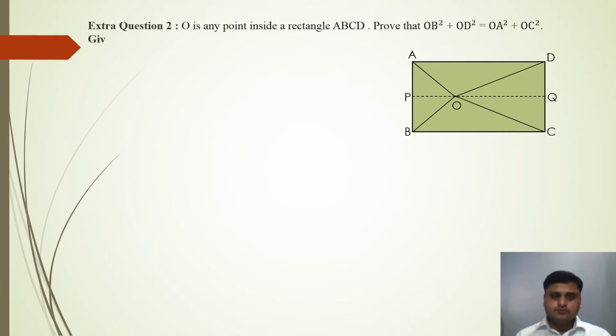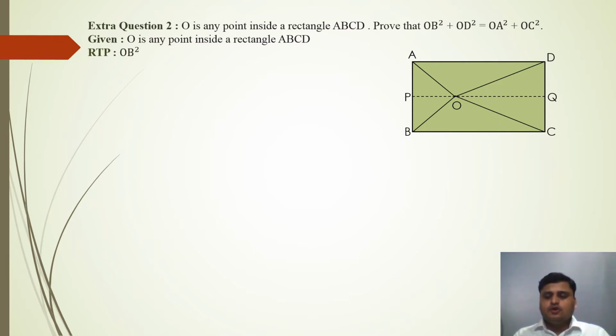So in the given we will write: ABCD is a rectangle and O is any point inside rectangle ABCD. After this, we will write in RTP: OB square plus OD square is equal to OA square plus OC square.